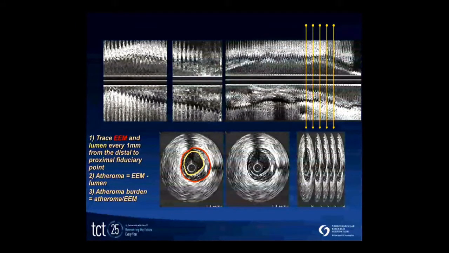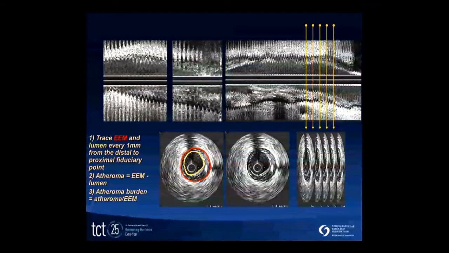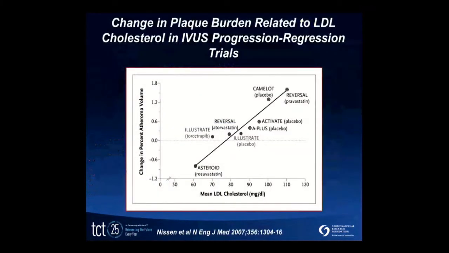You do cross-sectional measurements every, say, 1 millimeter, and you create a volumetric model of the coronary artery, and you determine whether there is progression and regression. Most of this work has come out of the Cleveland Clinic Core Laboratory, and you can see that the change in percent atheroma volume, or overall plaque burden volume, is related to the LDL cholesterol achieved by the study drug.